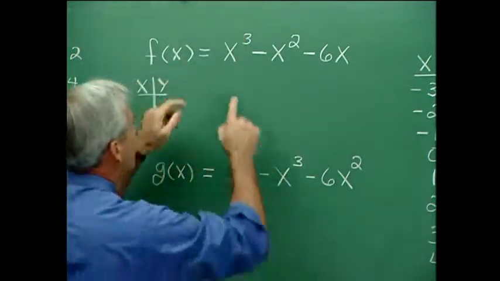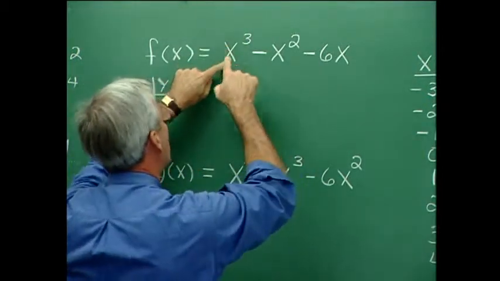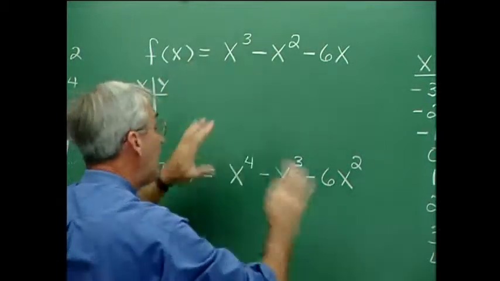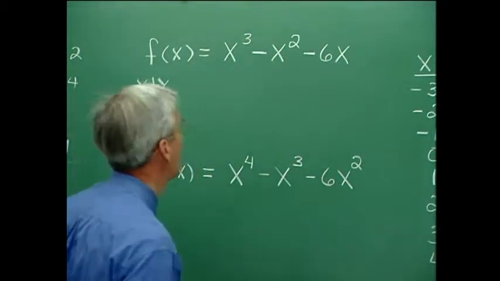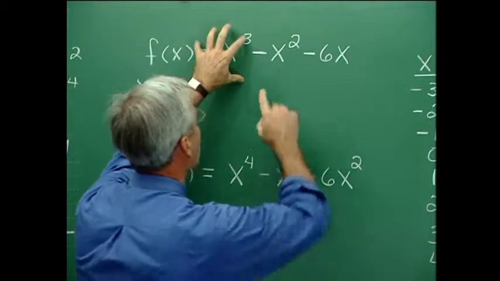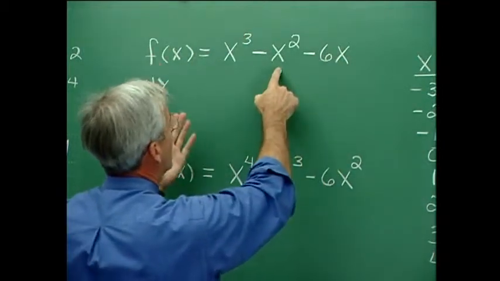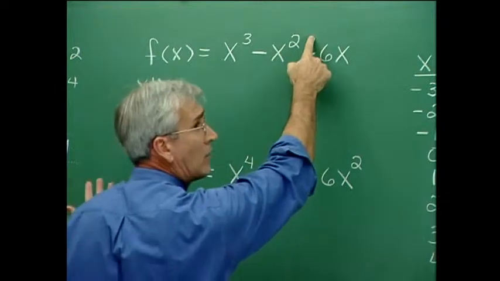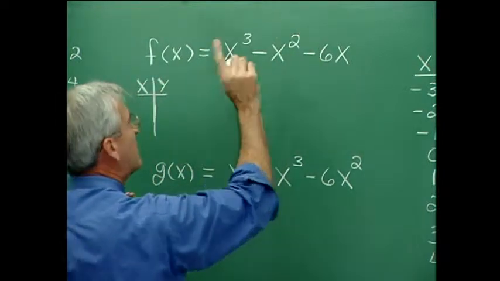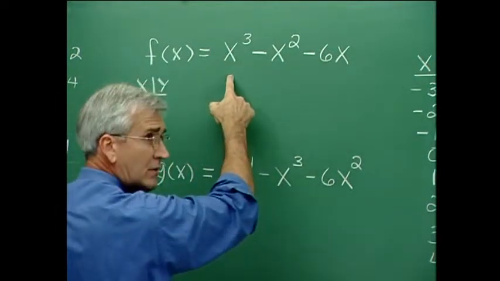For example, if this is 1,000, then 1,000 cubed is a really, really humongous number. And it is overpowering compared to these other rascals, because this is only 1,000 squared, whereas here we had 1,000 cubed. That's nothing compared to the value of this.